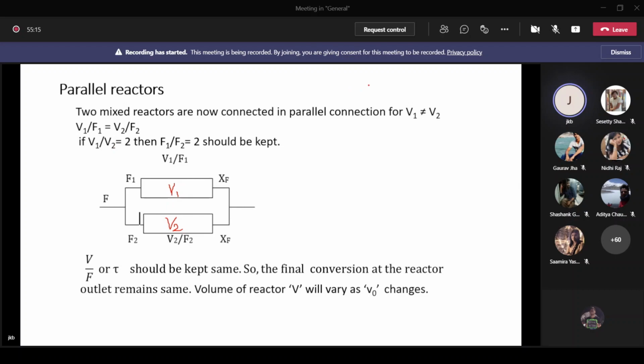So what should be this ratio, F1, F2? Here the assumption is, V1 by F1, for the mixed reactor, you will get XA by RA, that is V by F is XA by RA. Write the mole balance, conversion by RA.